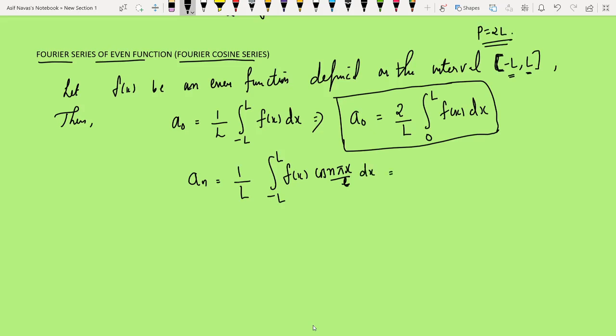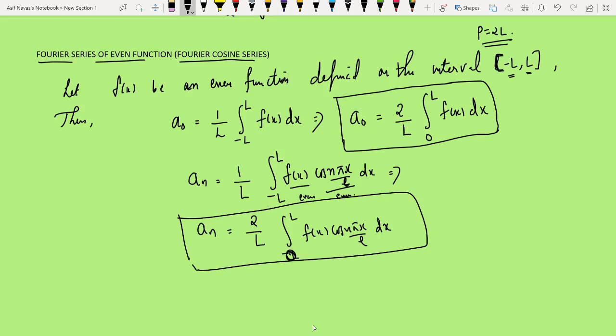Now f of x is even, and cos n pi x by L is also even, so even into even is even. So we can write An is equal to 2 by L integral from 0 to L of f of x cos n pi x by L dx. So this is the formula for An.